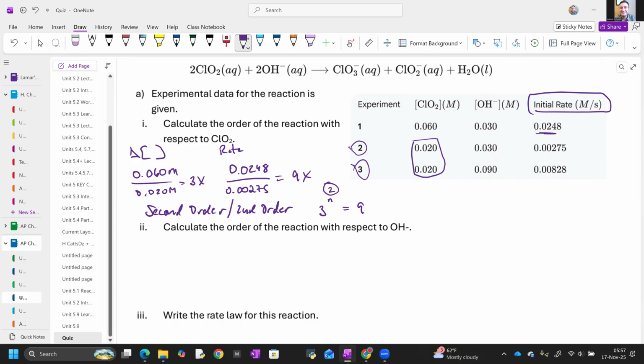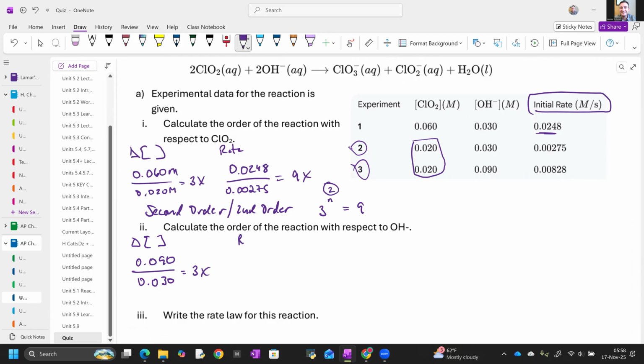And so we can see that this is a really good place to get our data. And so again, use the larger value over the smaller value. So we're going to look at the change in the concentration, and we see that it is going to be 0.090. Of course, that does have a unit, but these are going to cancel, over 0.030, and that is a factor of 3.